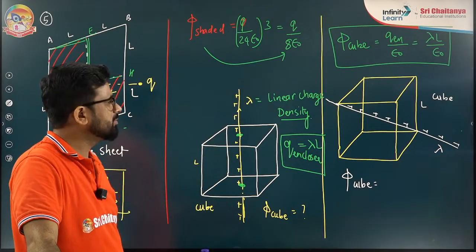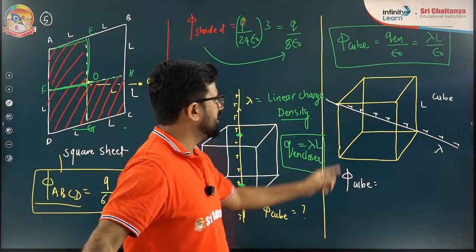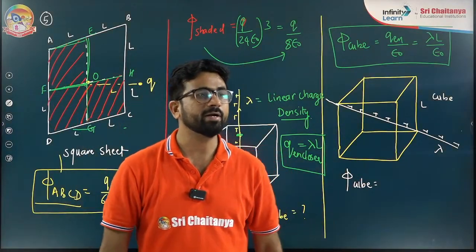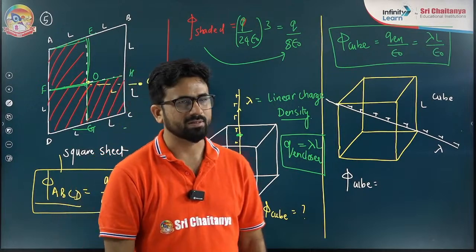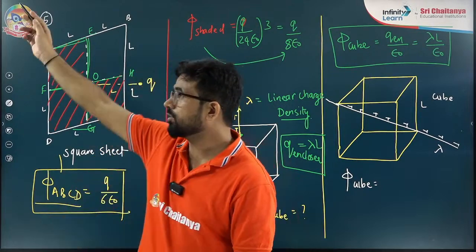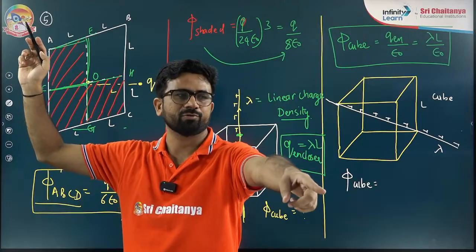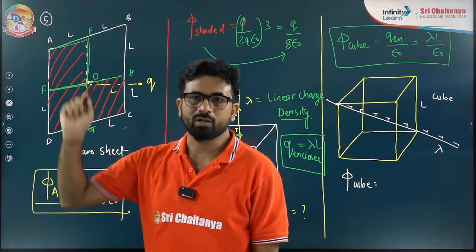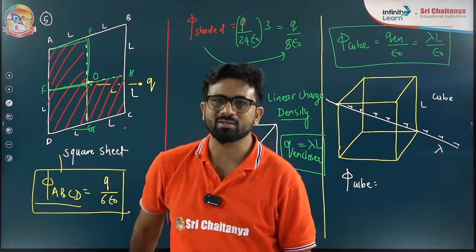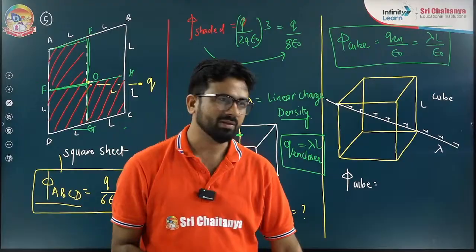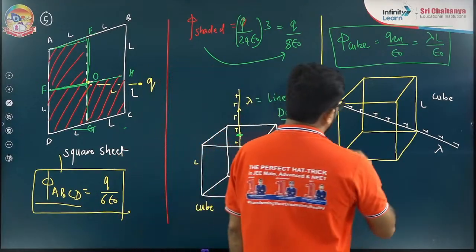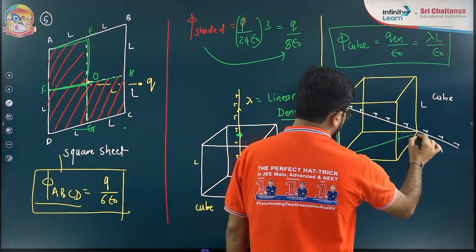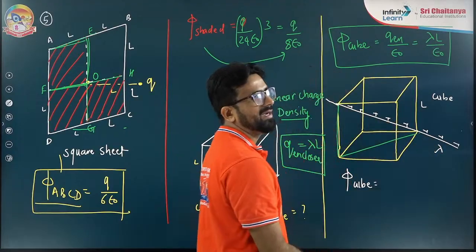If it is clear, now come to the next problem. Now there is a linear charge passing through the body diagonal. Body diagonal means from this corner to the opposite corner of this room. So what is this length? If we understand this length, then we can use Pythagoras to get the answer.